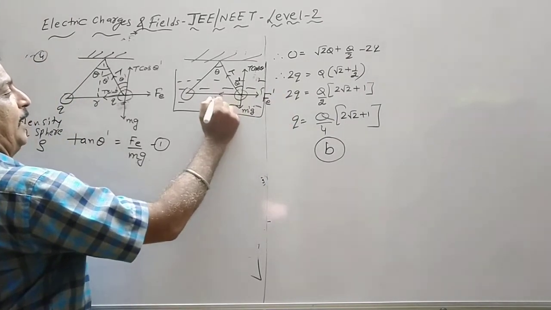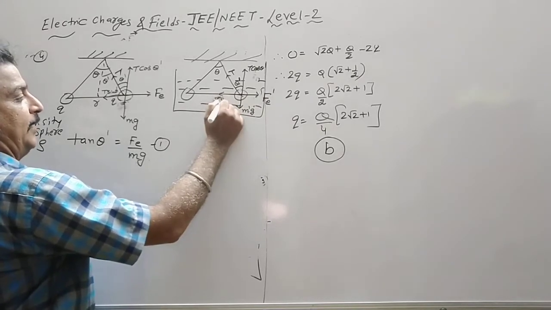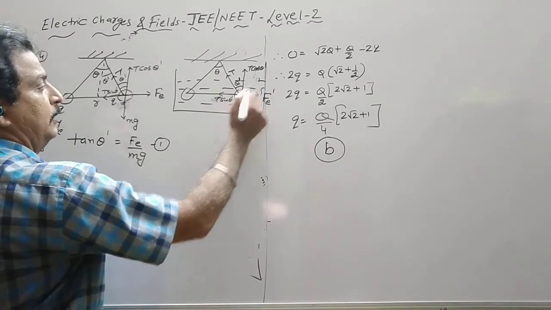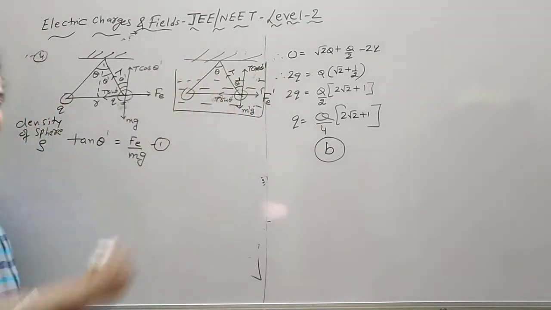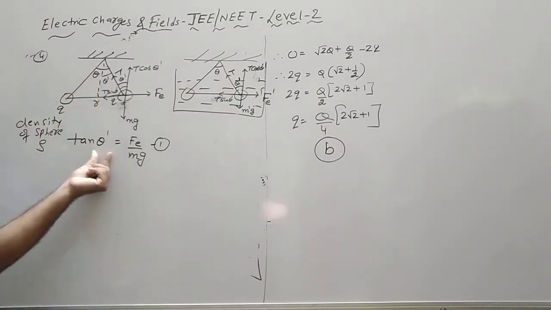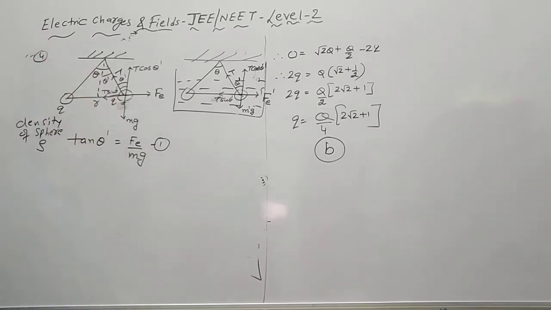We have T sin theta dash. We used to take the half angle, so I can directly write tan theta by 2 also here, because if this angle is 30, this angle should be 15 degrees. So instead of that I have written theta dash, but you have to remember that theta dash is half of theta.